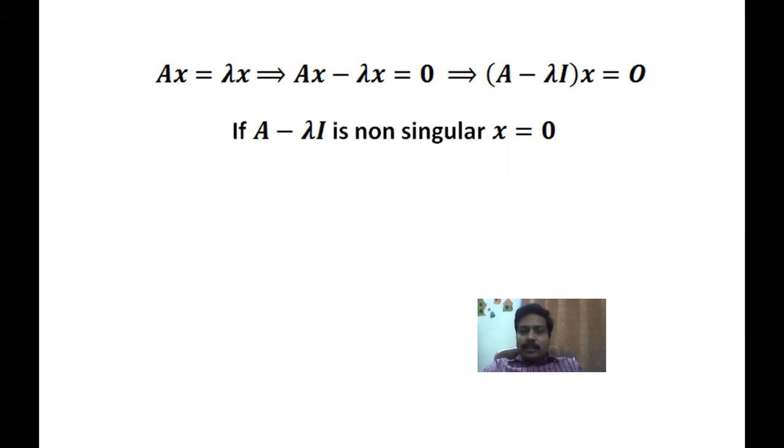We are not interested in zero vectors. We are in search of non-zero vectors x such that Ax equals lambda x. So to find such x, A minus lambda I must be singular.